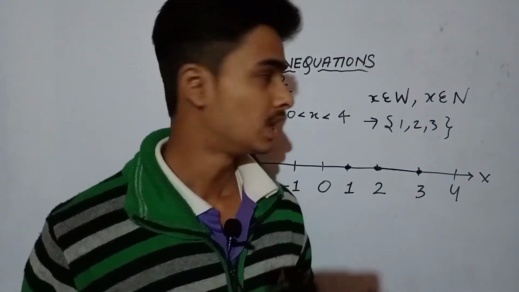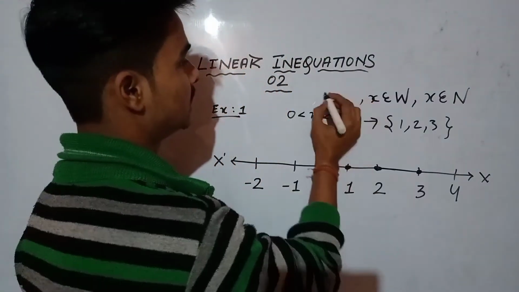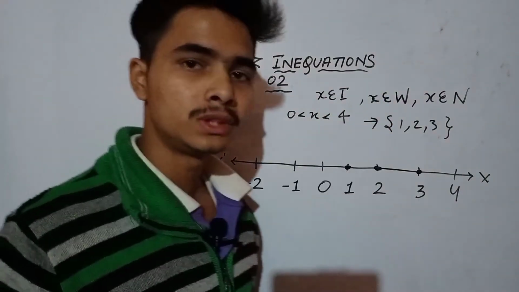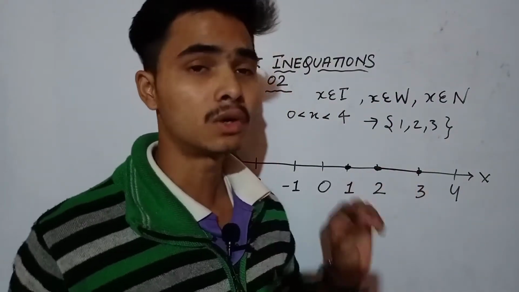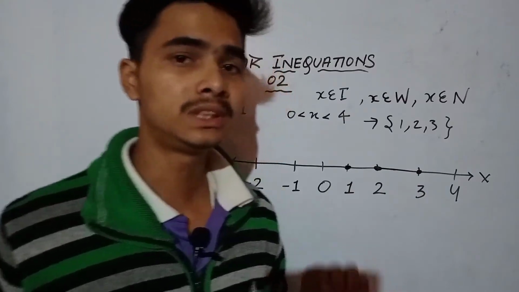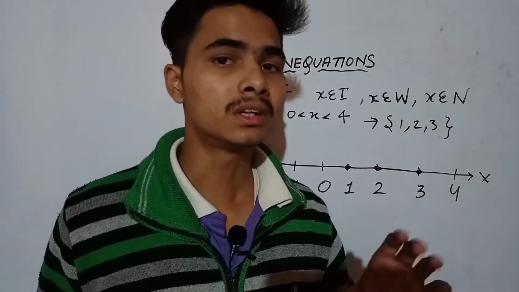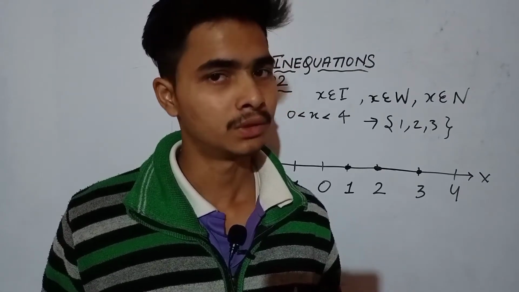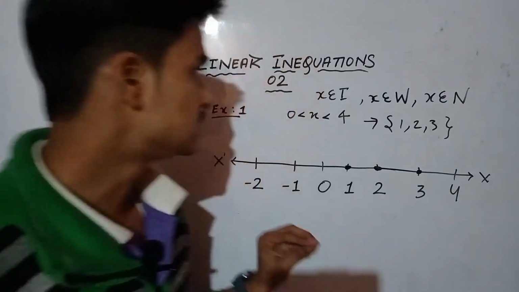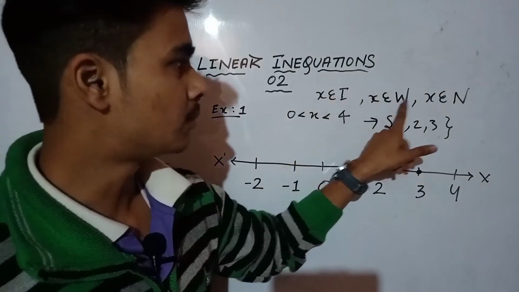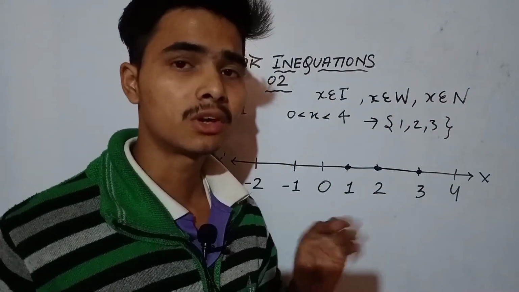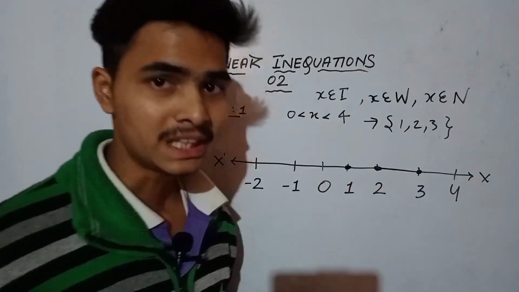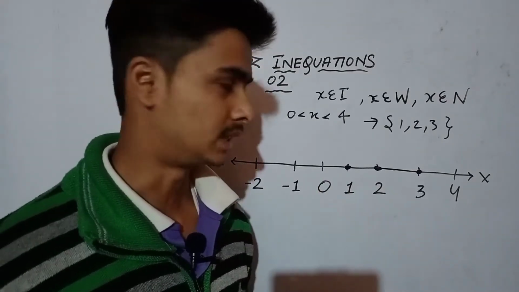And also if you get something like x belongs to integers, then also you need to make these three thick dots only. But this rule changes when we talk about real numbers, for which I will make another video. So if you get integers, whole numbers or natural numbers, the process of representing them on a number line is the same. I hope that you are understanding it.